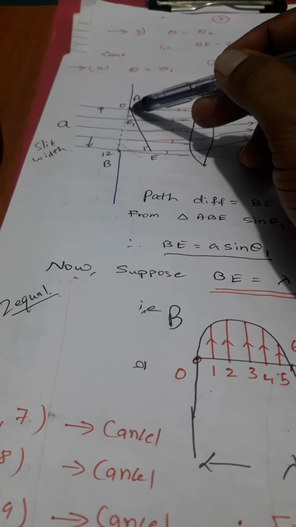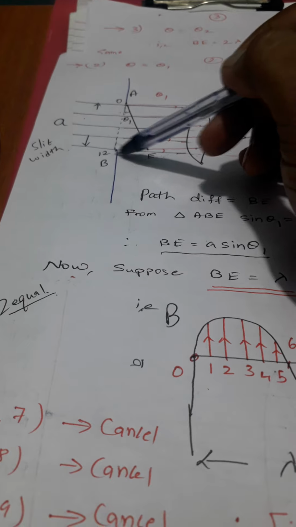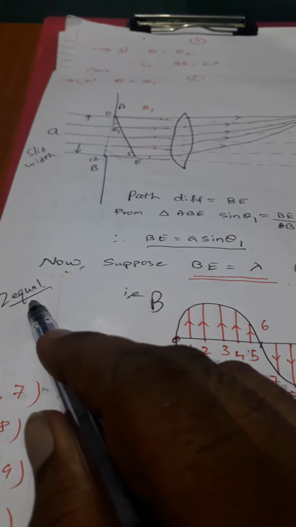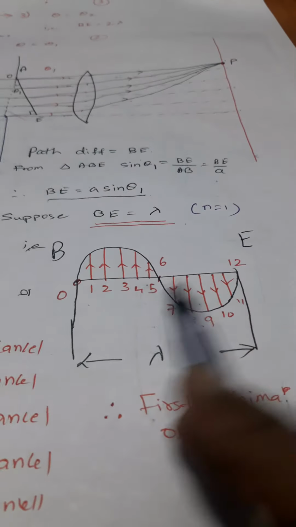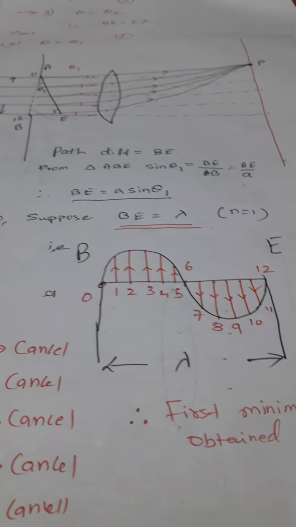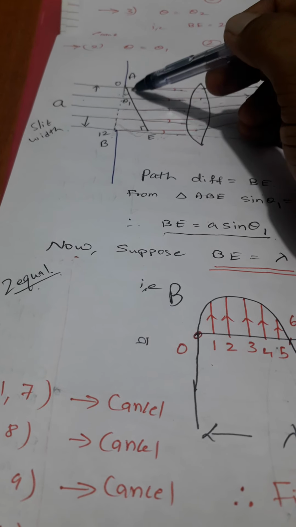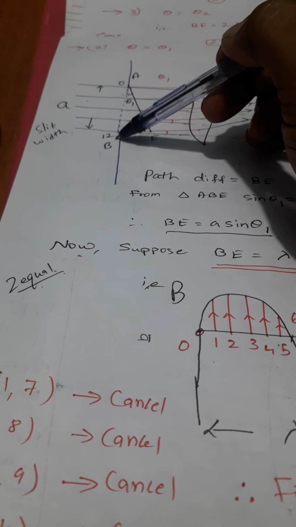So this path difference becomes lambda, and we divide it into two equal parts. Just for your understanding, I divide this AB into 12 equal parts.